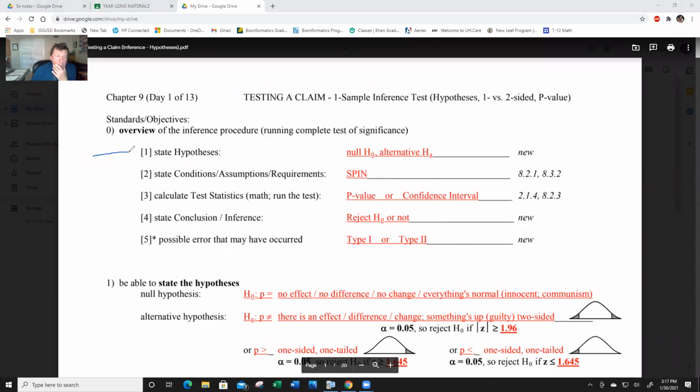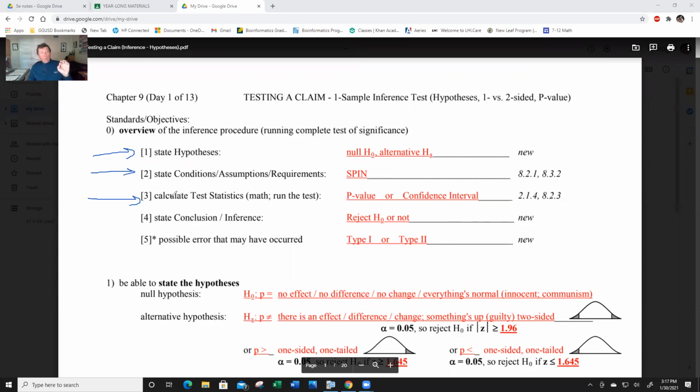We have worked on how to state the hypothesis. We already knew how to state the conditions. And frankly, we already knew how to get a p-value. The difference is you learned TCDF.